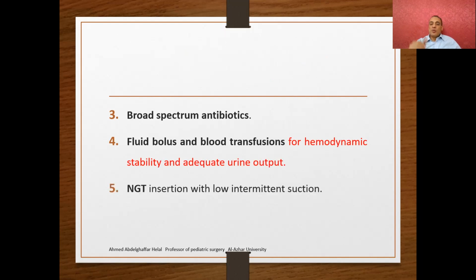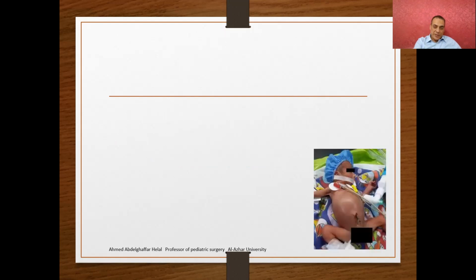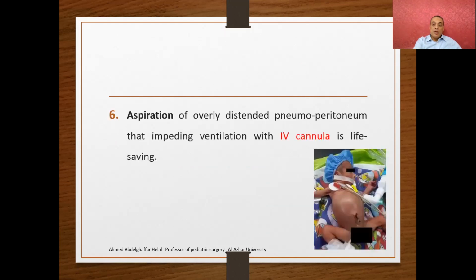Number three, broad-spectrum antibiotics must be initiated, with fluid and blood for hemodynamic stability and maintaining adequate urine output, and nasogastric tube insertion with low intermittent suction to remove this air. Very important: aspiration of the overtly distended pneumoperitoneum. It is a life-saving procedure before surgical intervention, because the baby may die from this distension.